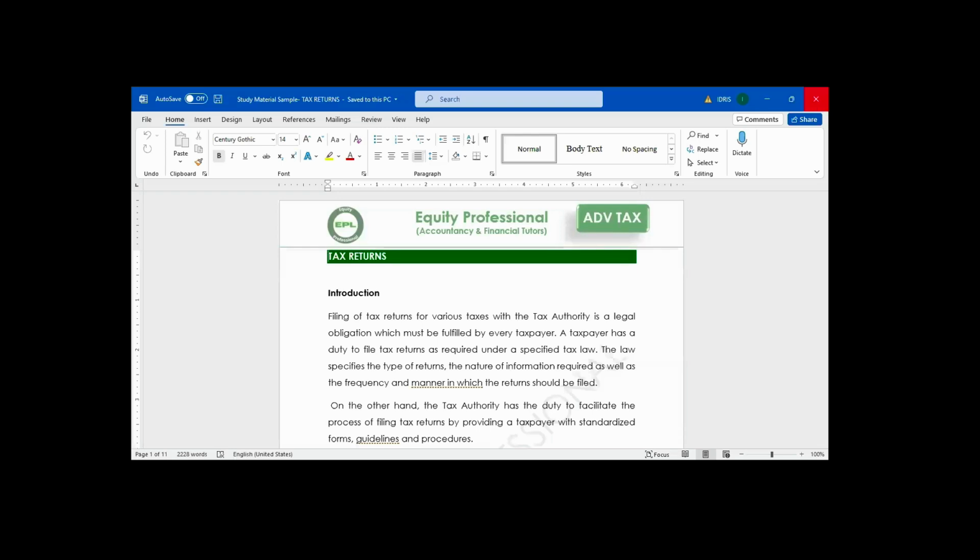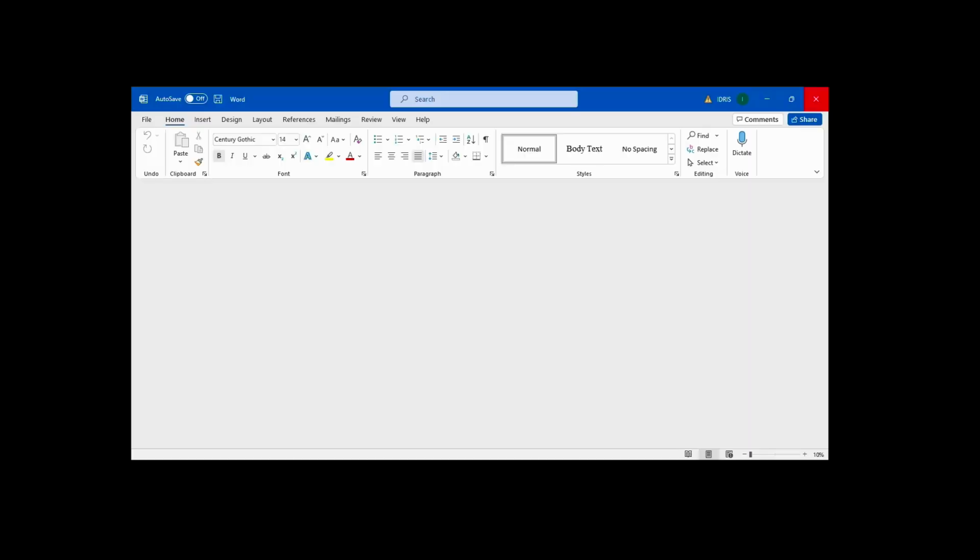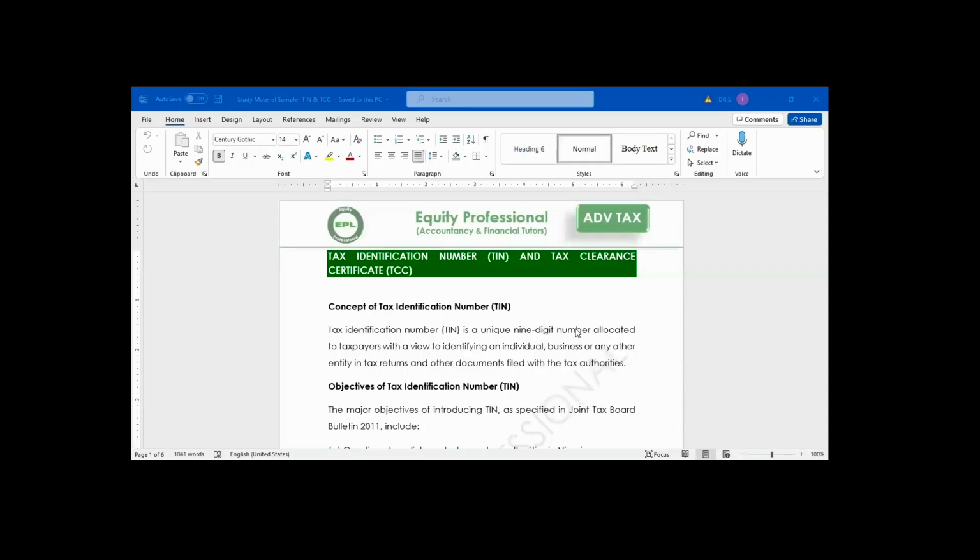So we can proceed by moving to another area called tax identification number and tax clearance certificates. That is the next topic we are moving to. Tax identification number and what? Tax clearance certificates.